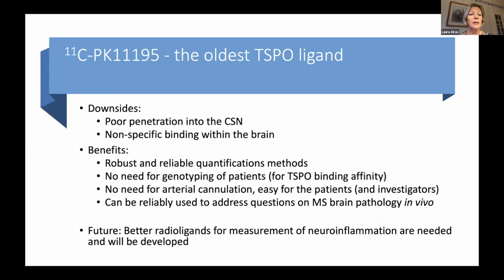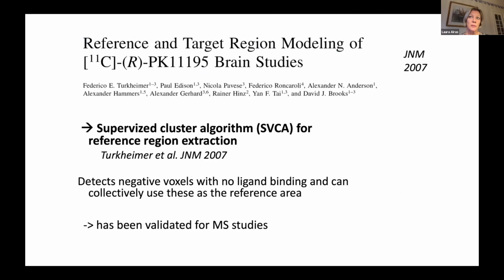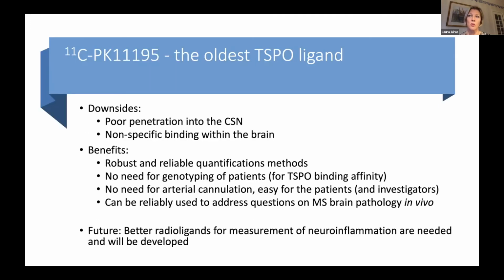So the PK11195 ligand has its shortcomings, but it also has significant advantages over the second generation ligands. The analysis methods are quite well developed, and they give consistent results, and no arterial sampling or genotyping of the study subjects is required.